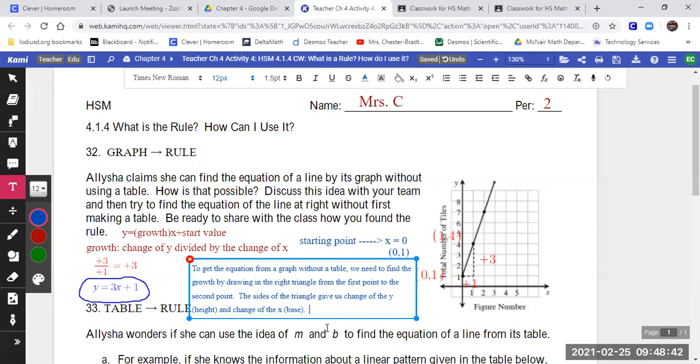So to get the equation from the graph without the table, we need to find the growth by drawing the right triangle from the first point to the second point. The sides of the triangle gave us the change of the y, height, and the change of the x, base. Then, after we knew the growth, what did we look for?